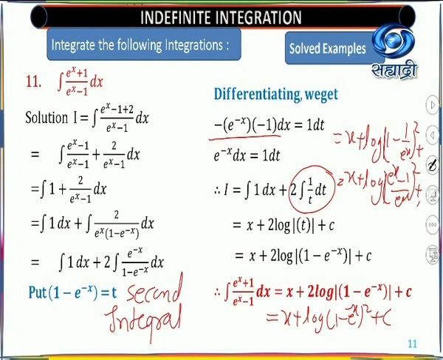Or you are able to write this as x plus 2 log mod of e raised to x minus 1 upon e raised to x plus constant of integration. These are all alternative answers. This is the first one, this is the second, third, fourth, and this is the fifth one. So all answers are correct, and these answers are given in your MCQs.